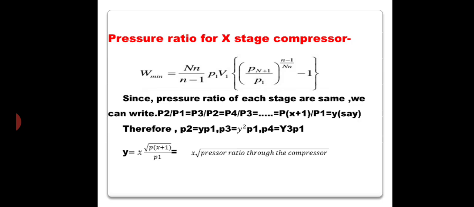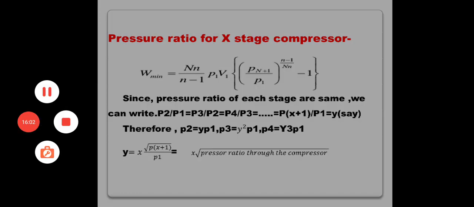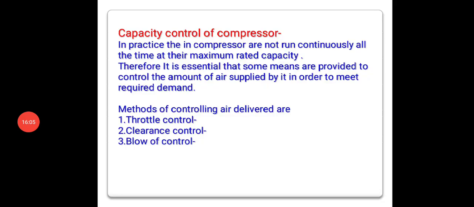Therefore P2 = y P1, P3 = y squared times P1, P4 = y cubed times P1. So y is equal to the x-th root of P(x+1)/P1, the pressure ratio through the compressor. This is the pressure ratio we get for multi-stage.